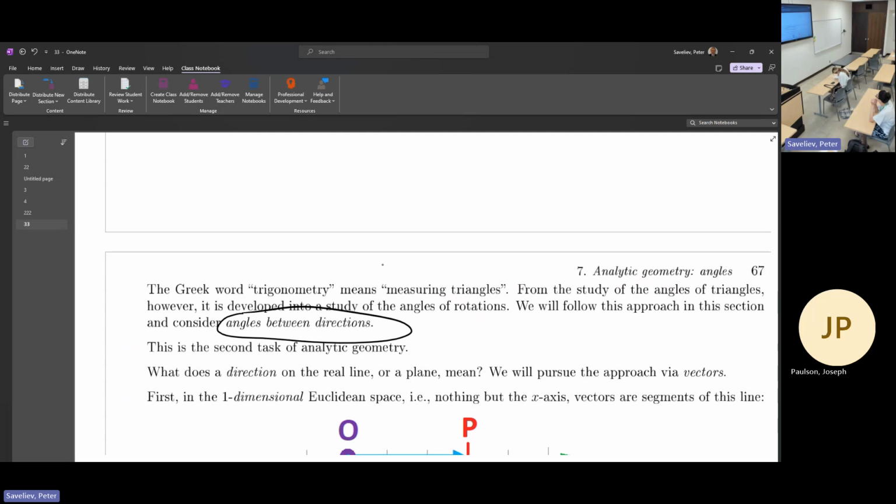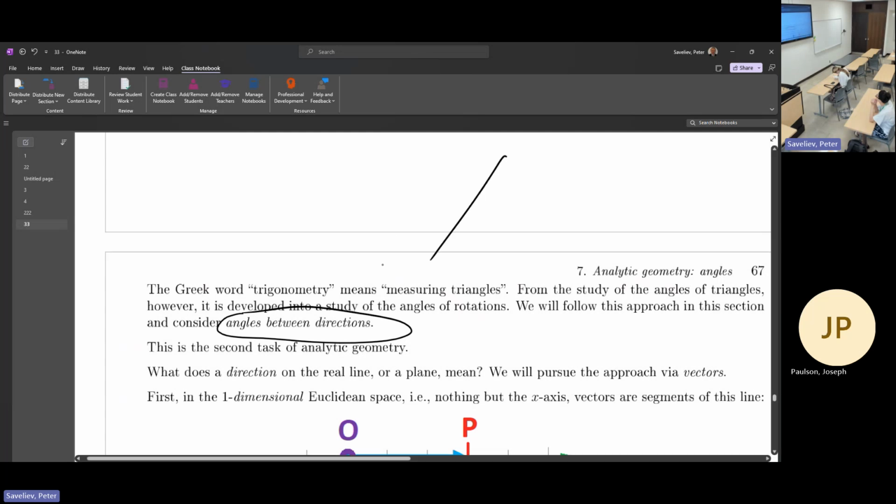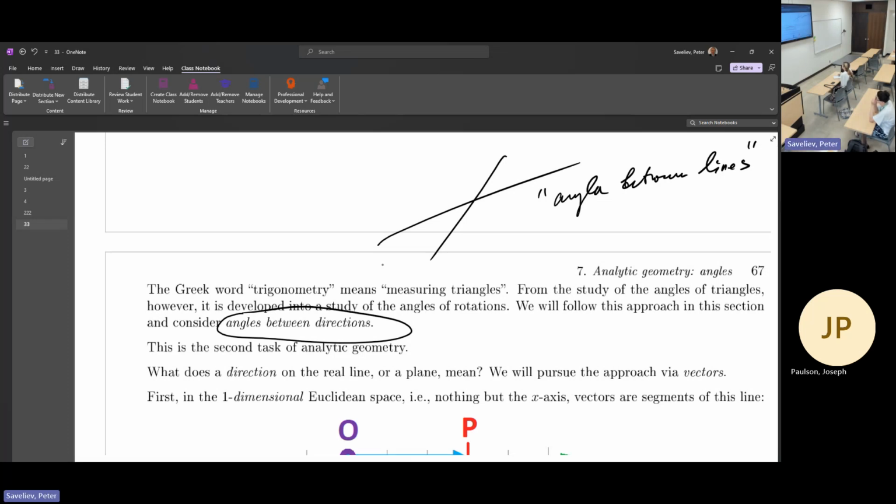Why directions? Well, here it is. I said a minute ago, angle between lines. I have two lines. You see the problem with the idea of angle between lines. What is the problem?